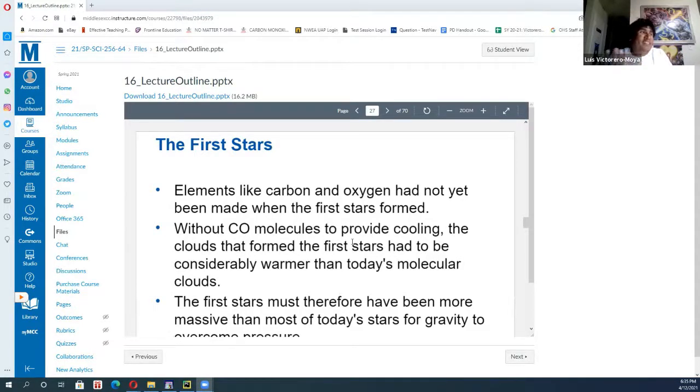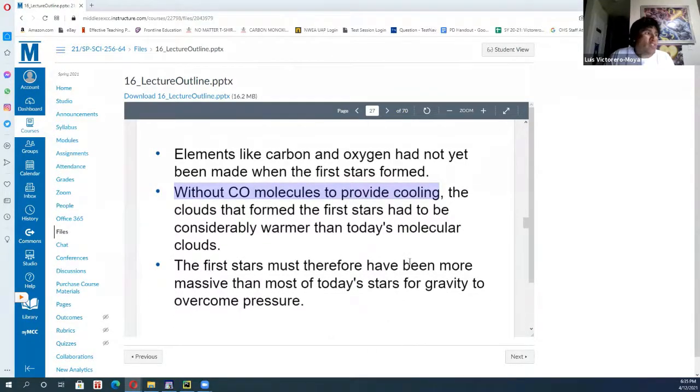So how were these stars formed? What we know is that there were not enough CO molecules to provide the cooling, right? That's the main reason why we care about CO molecules, is because of the cooling, right?